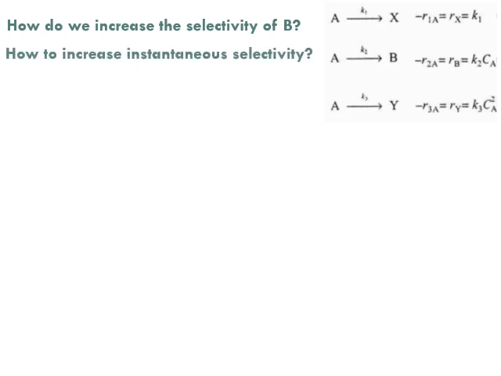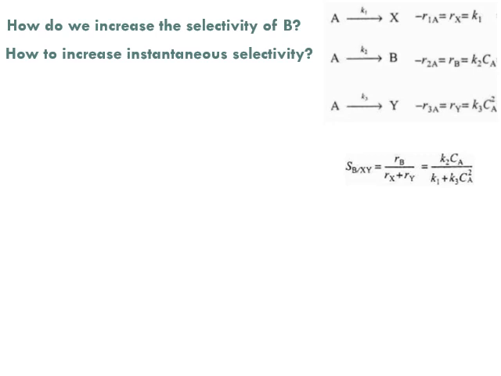Let's first write it. Here we have S B against X and Y, because B is the desired product, and X and Y are the undesired products. So the selectivity equals RB divided by RX plus RY. And we have the rate laws, so we can write the equation this way.